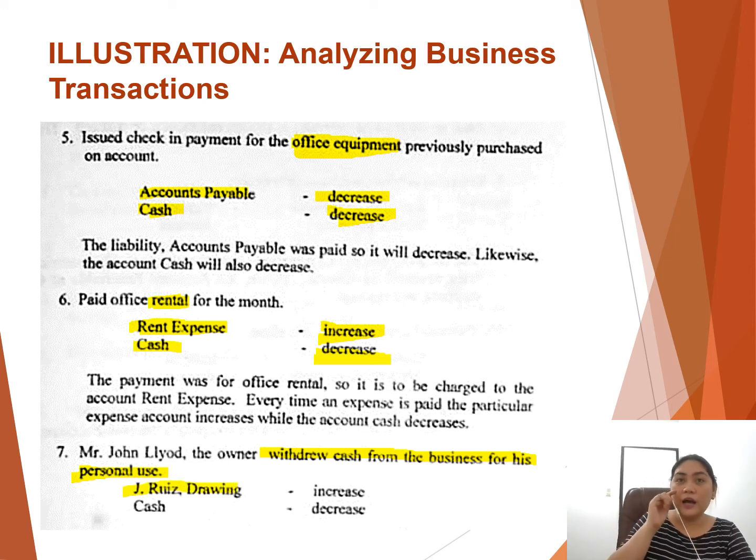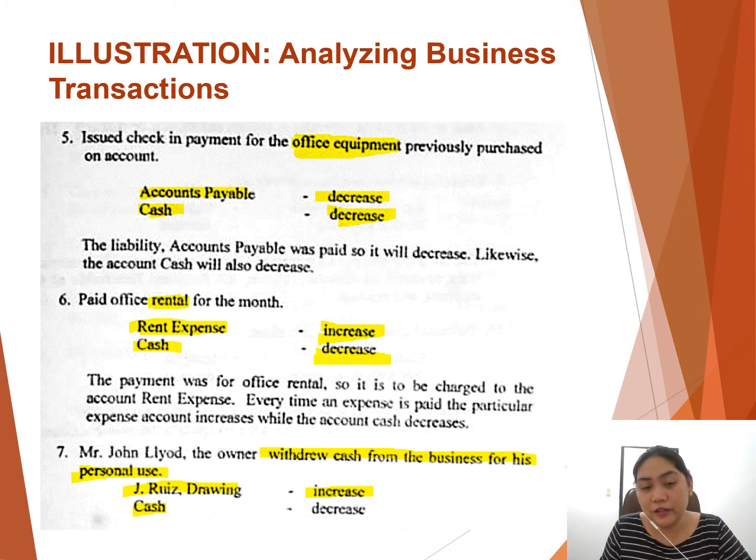So, take note ha, under ng owner's equity ang drawing or withdrawal. And cash. So, what is the effect on drawing? The effect on drawing is increase. Why is it increase? Kasi nga, diba, the owner used the money for personal use. So, that is considered or classified as drawing. At nakadagdag yun sa drawing.